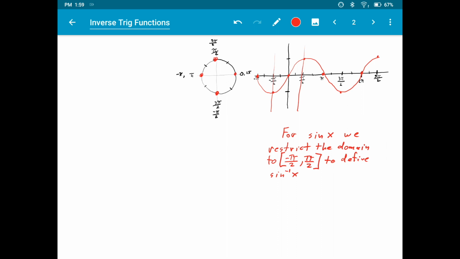So one way to think about that is if you're looking at the unit circle, we are restricting our domain to, well, we get the y values on the unit circle, so we're going to be restricting our domain to this half of the unit circle from negative pi over 2 to pi over 2.